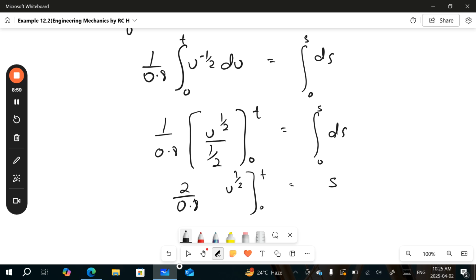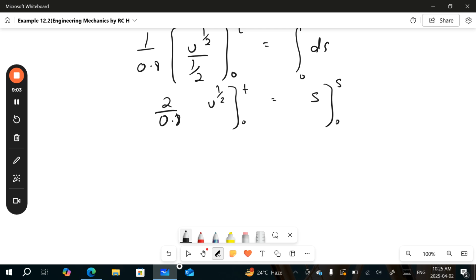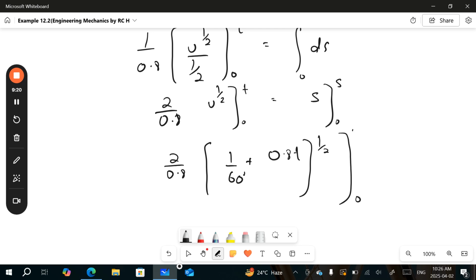Here it becomes s from 0 to s. Now putting this value again, 2 by 0.8 (1 by 60 square plus 0.8 t) power 1 by 2, and putting the limits 0 to 4 here.